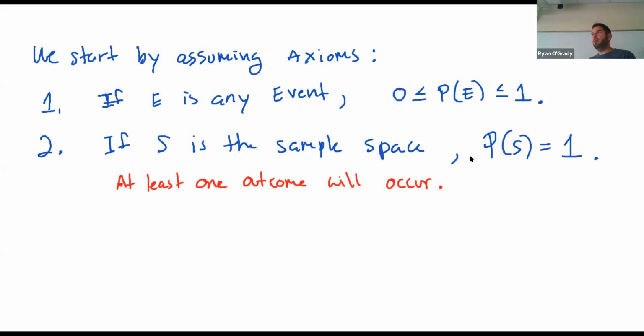That means at least one outcome will occur. And we get this. If I'm flipping a coin, we know that it's either going to be heads or tails. If I'm rolling a pair of dice, I know I'm going to roll a number between 2 and 12. And we're ignoring the fact that it might land on its side, right? If I am applying for a loan and the bank gives me a loan, I will either pay it back or I will not pay it back. One of those will occur, right?